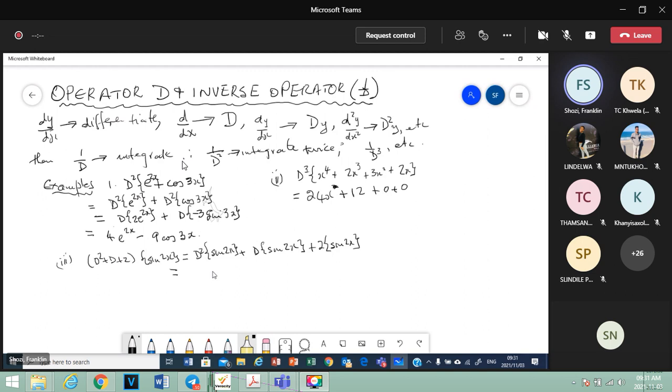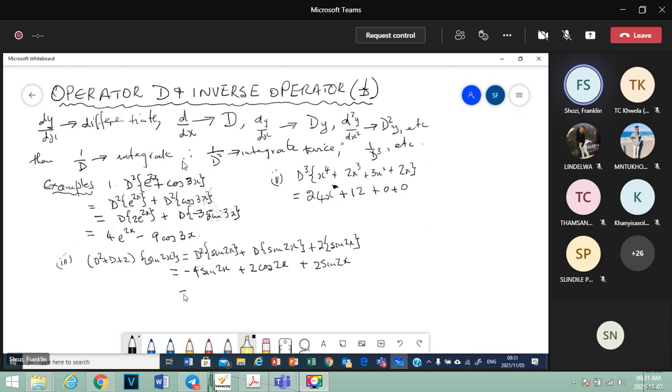Yes. Okay, now d squared on that means the second derivative of sine 2x. The first derivative is 2 cos 2x. Once more, it's minus 4 sine 2x, plus the first derivative there, which is 2 cos 2x. Now 2 on that, 2 multiplies that, is just 2 sine 2x.